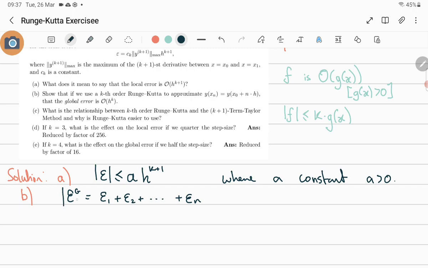So let's take absolute values on both sides. Then we can use the triangle inequality, which basically says that if you have a sum of local errors, which can be positive or negative, and you want the worst case scenario, you make them all positive by taking absolute values.